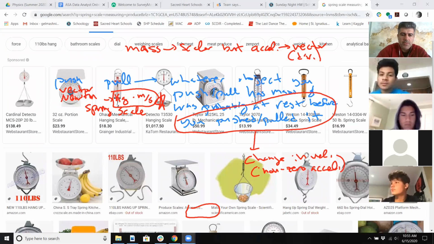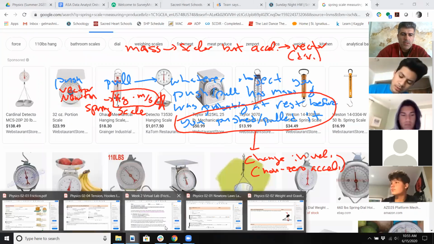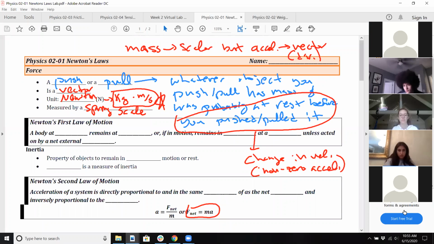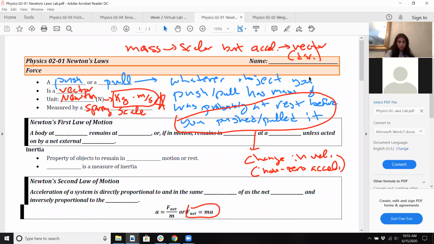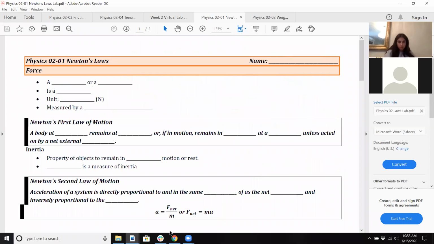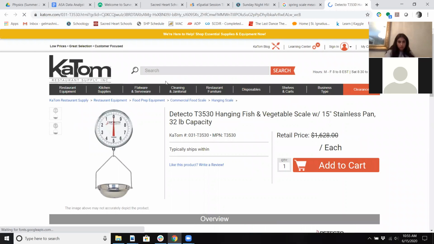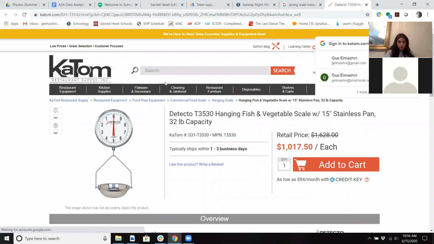Before I do that, can I erase all this? Yeah, great. I will go and erase. Now, you look at a spring scale like this. Oh my God, it's $1,000. Geez. Okay. Good thing I don't own a grocery store.